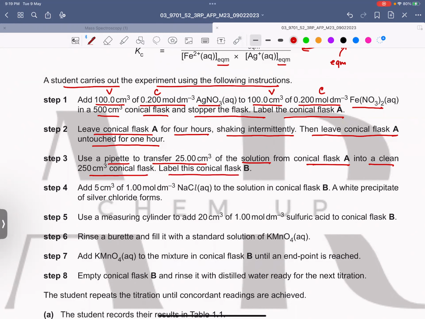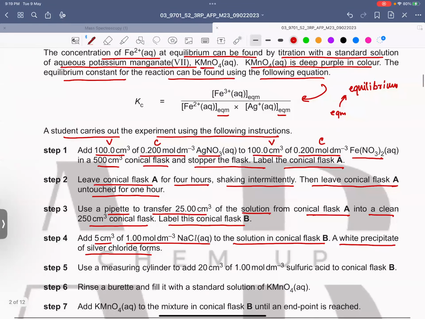Now add 5 cm3 of 1 mol per dm3 sodium chloride aqueous to the solution in conical flask B. A white precipitate of silver chloride forms. Yes, because we have silver nitrate in the solution, right?